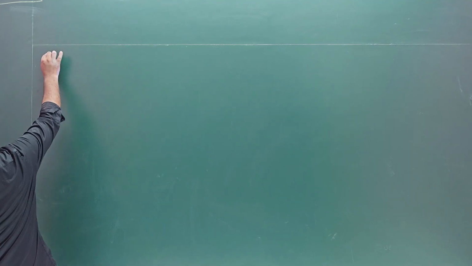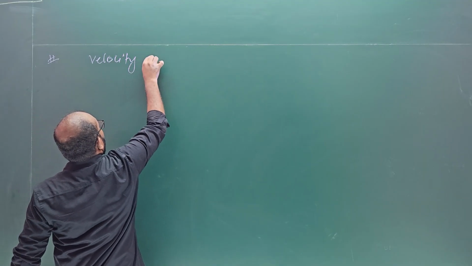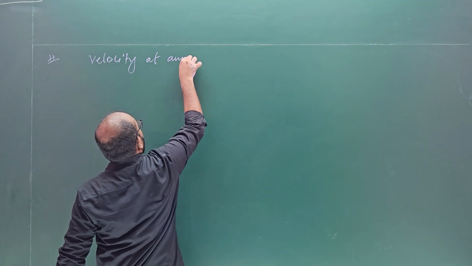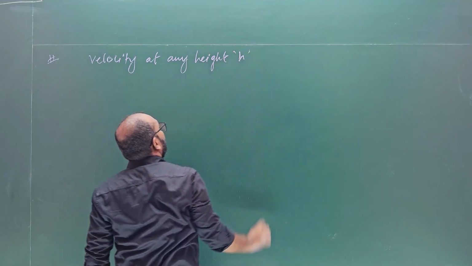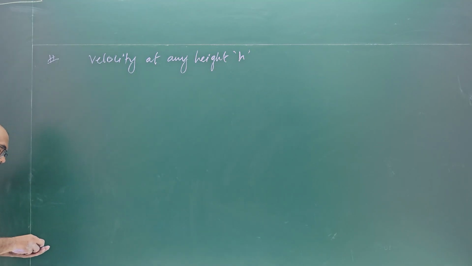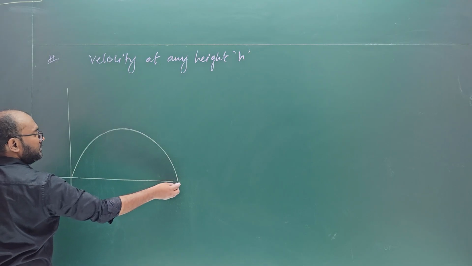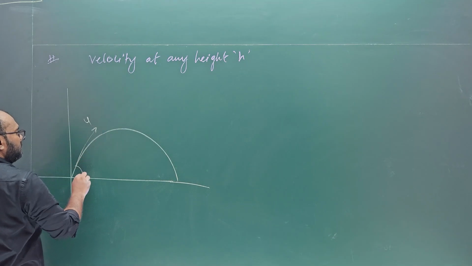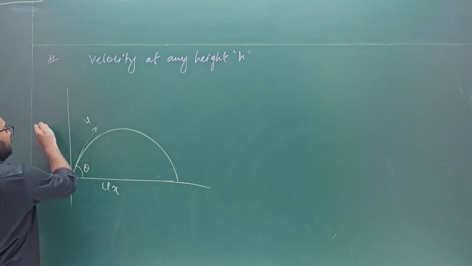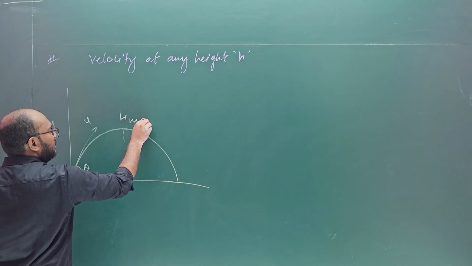The next heading: velocity at any height h. Now, stop writing and listen to me first. This is your projection, and the initial velocity, let's say u, at angle theta, with components ux and uy, and this is your hmax.